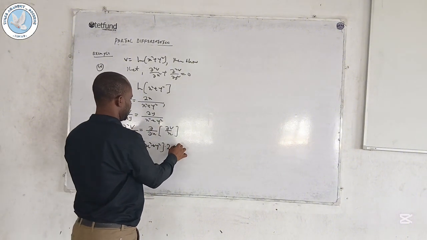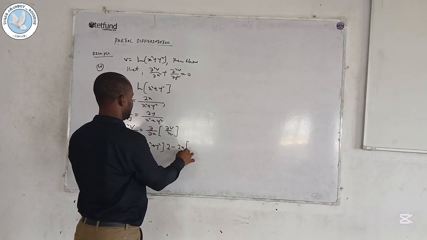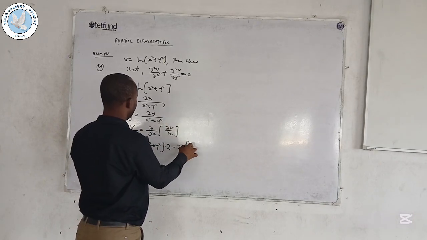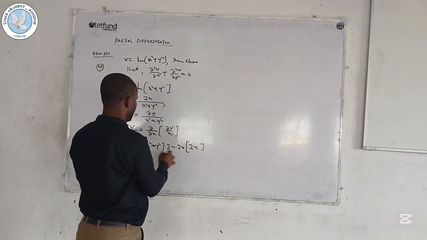We can keep 2x as, and do this with respect to x, we have into x.